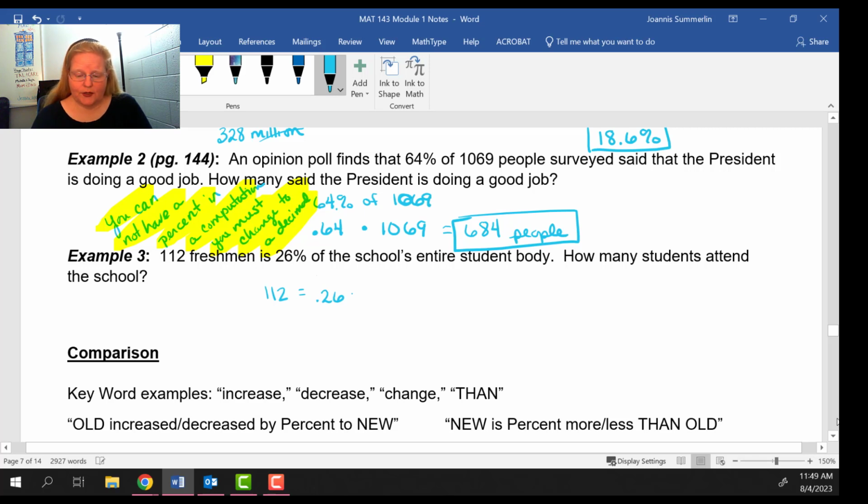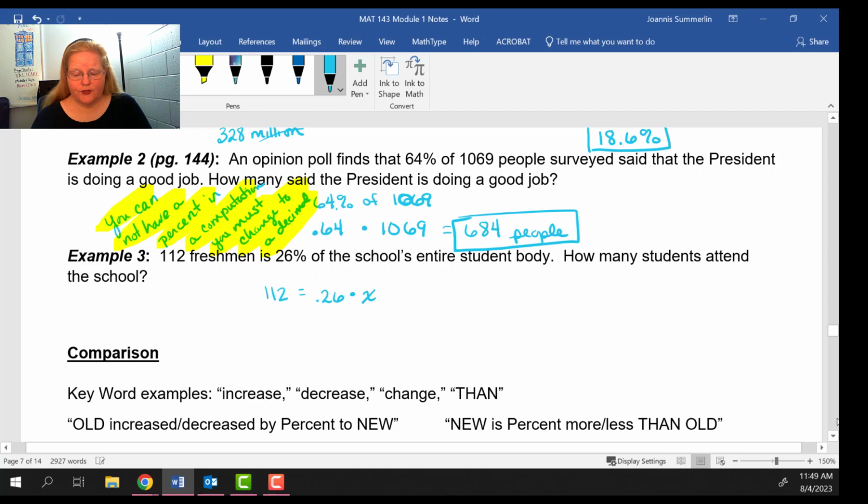Of means to multiply, right? So the school's entire student body is probably going to be our X. How many students attend the school? That's their entire student body. We want to know what X is.